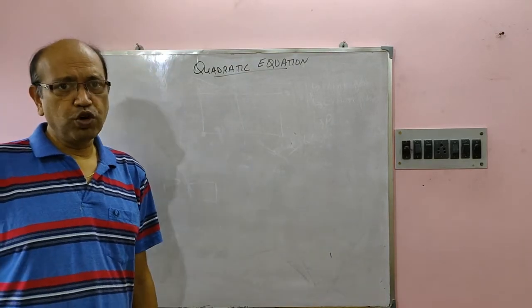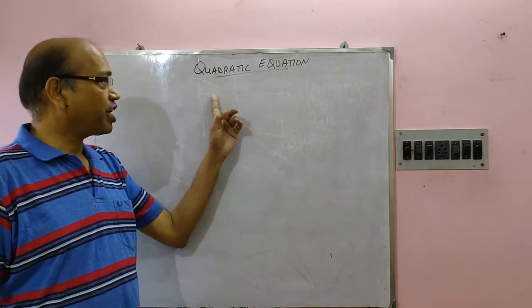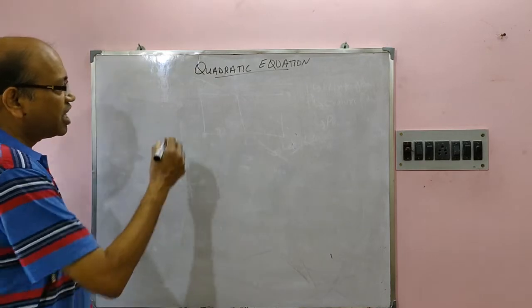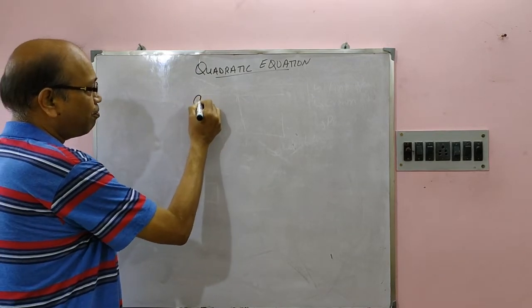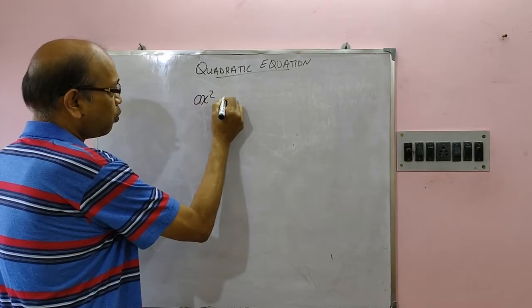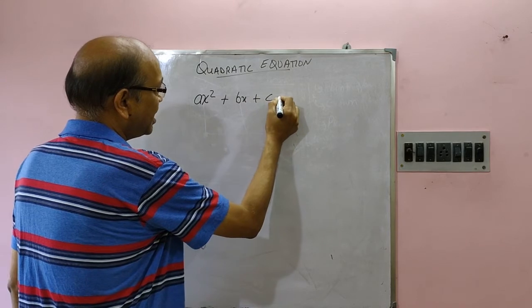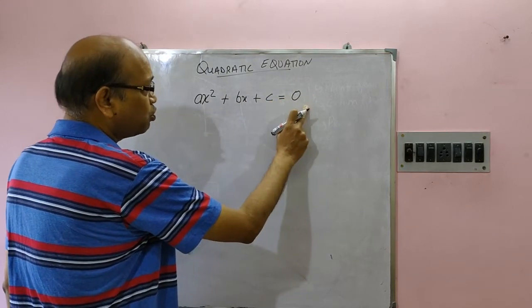Today we'll do a new chapter for ICSE class 10, quadratic equation. What is a quadratic equation? Any algebraic expression of the form ax squared plus bx plus c is equal to 0. Equation means equal to 0.